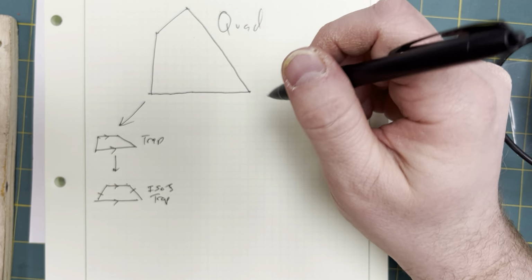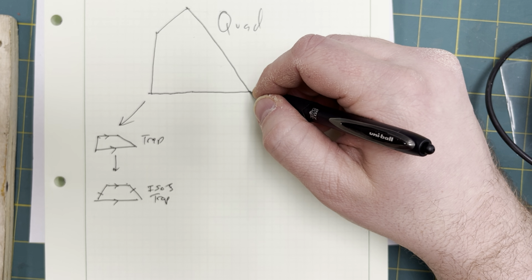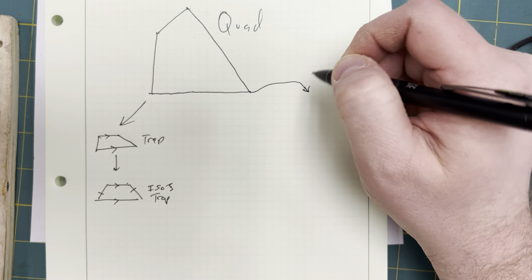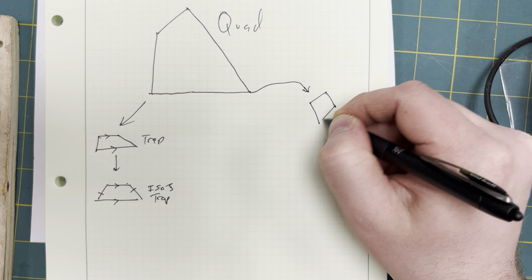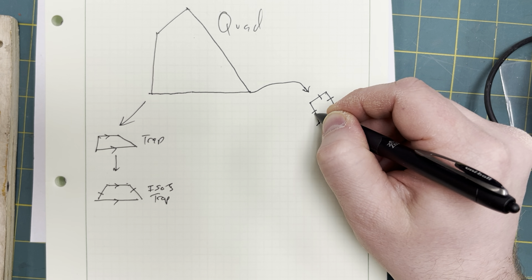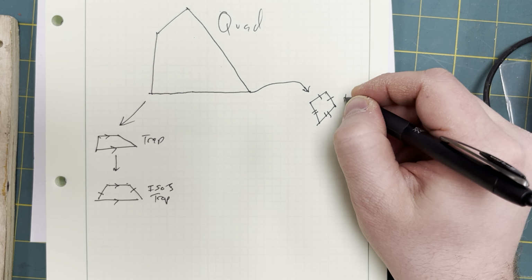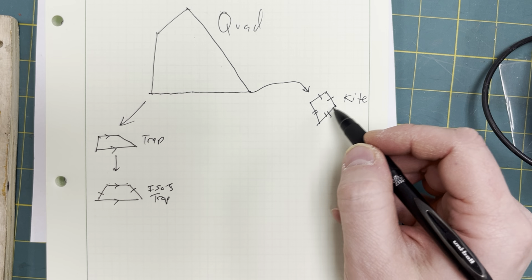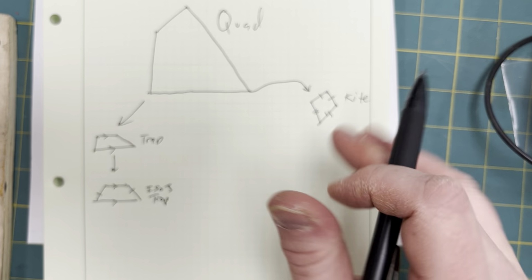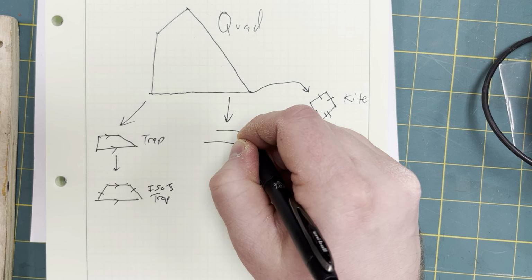Then we have the weird, we'll just put it over here, kite. And kites are kind of their own thing. You can turn a kite into a rhombus if you make the sides all the same, but we're just going to kind of basically leave that off on its own, and we're going to look at parallelograms.